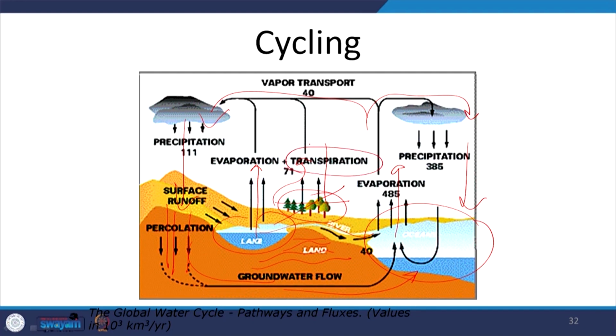Less of transpiration implies less of precipitation here. That is one. Second, the water which is available as groundwater, because we require more of it, is then brought out to the surface. Now, this is reducing. So, this groundwater is actually going down.